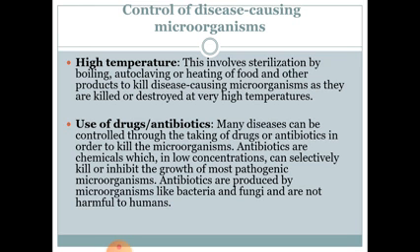Antibiotics are produced by microorganisms like bacteria and fungi and are not harmful to humans. A common example of an antibiotic that is produced from a microorganism is the drug penicillin, which is produced from a fungus called Penicillium.